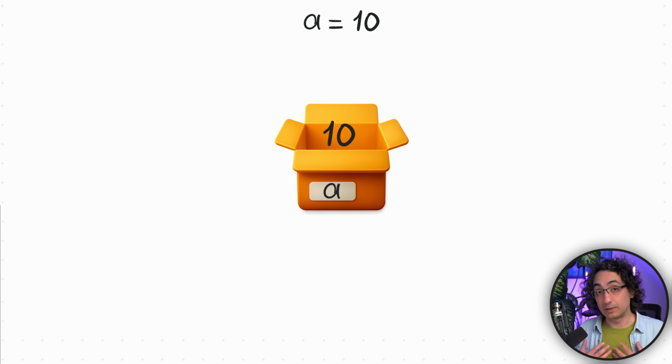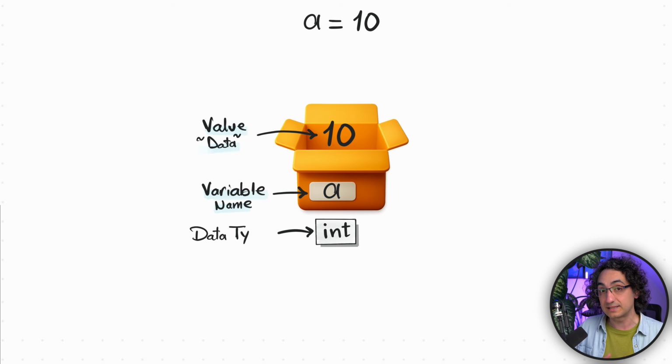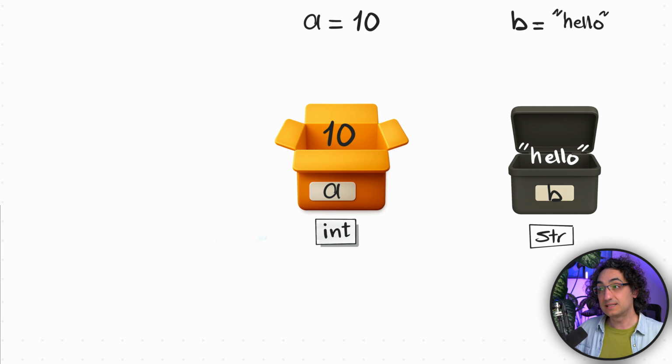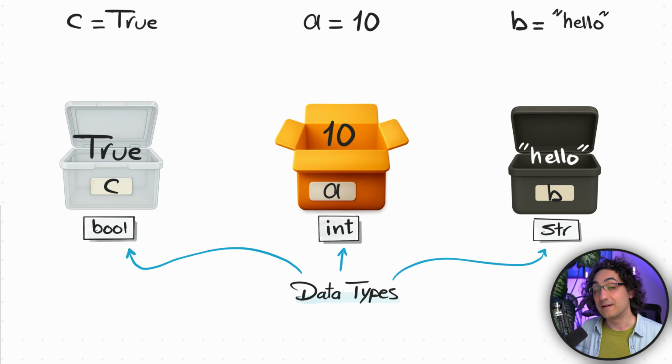So our data is 10, and this number is going to be stored inside this box. So far we have two pieces of information: the variable name and the value itself. Now we have a third piece of information about this box, and that is that the type of the data inside this box is an integer. So that means for different data types we have different types of boxes. And the only thing that defines which box we're going to need is the value itself.